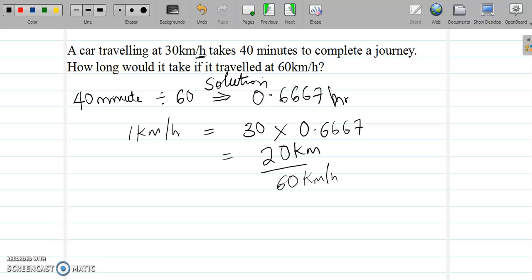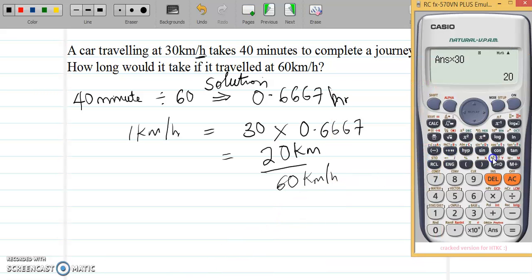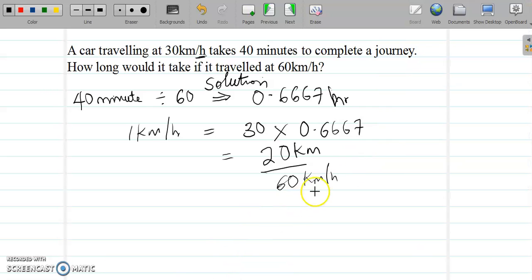20 divided by 60, it gives me 0.333, a recurring decimal. 0.333 hour. That is what it's going to give us.